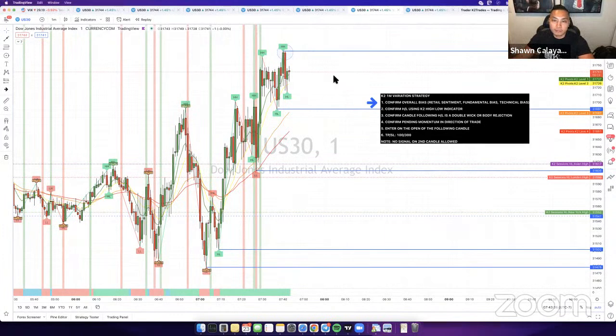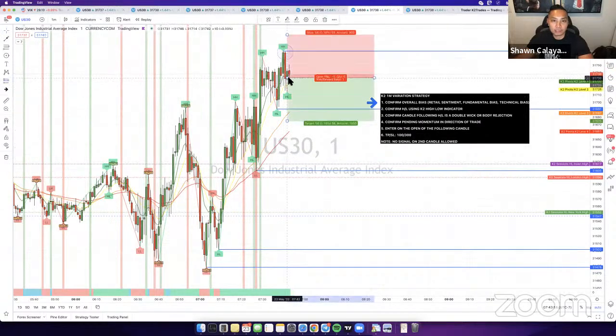But anyways, here are the requirements again. Brian, confirm overall bias. We're not able to confirm that because they conflict. We have the high right here. Following candle is a double wick or double body. It's both of them actually. And you would enter right here for a sell. So this would have been the entry candle right here.